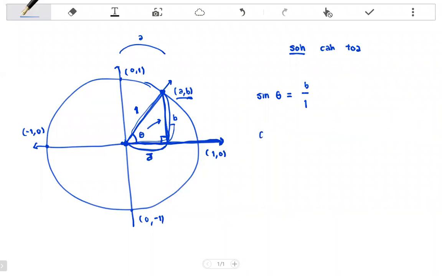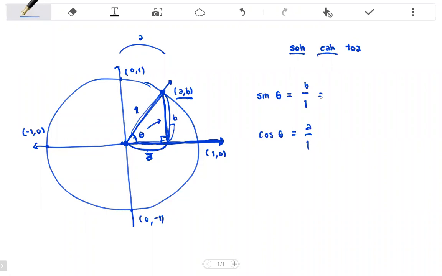Now, what if I said find cos of theta? From this angle, cos is going to be adjacent over hypotenuse. The adjacent is just A, and the hypotenuse is 1, right?